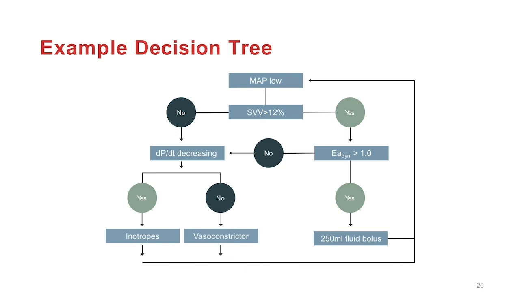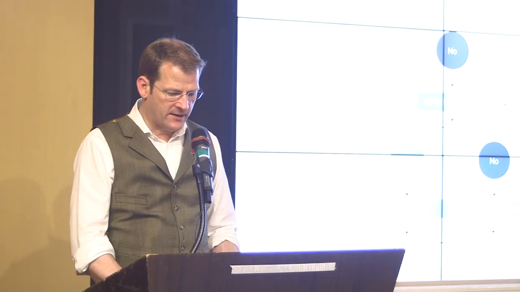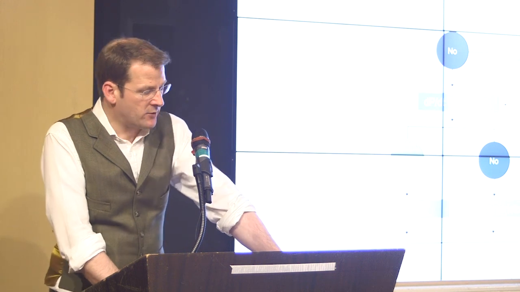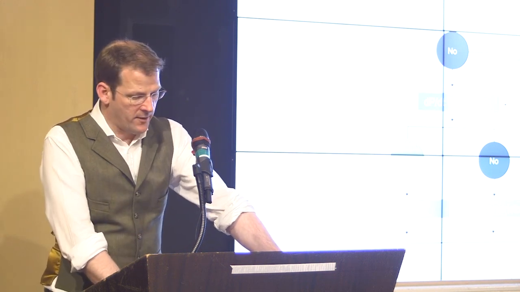If, however, Ea dyn is less than 1 or they are not fluid responsive, the next factor we look at is contractility. If dP/dt has been decreasing, then contractility is decreasing, and hence we give an inotrope, whilst if it isn't, we'll need some vasopressor support to increase our mean arterial pressure. The effects of these therapies are assessed in terms of the impact on hypotension, and further therapy is given using the same analytical process if it has not resolved.